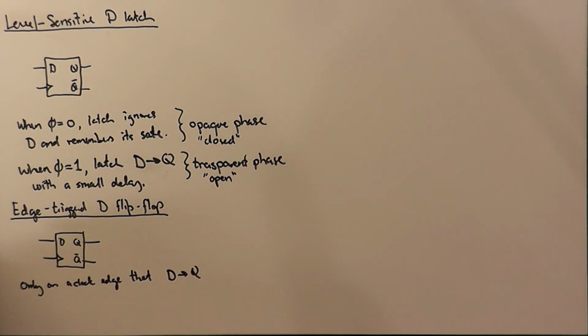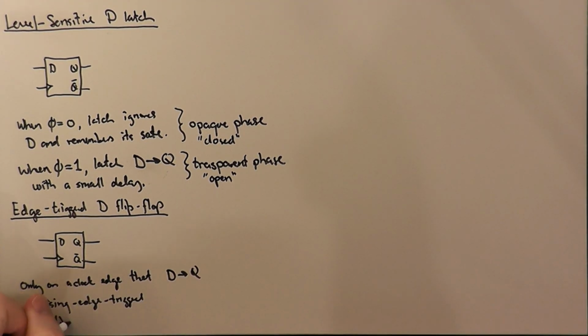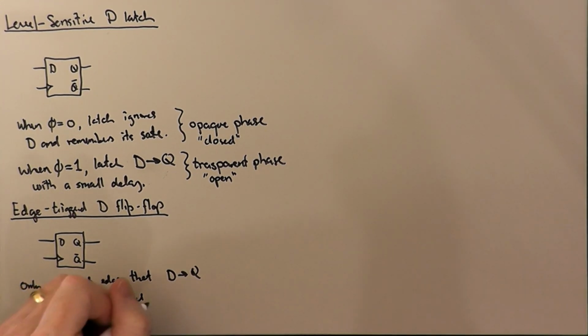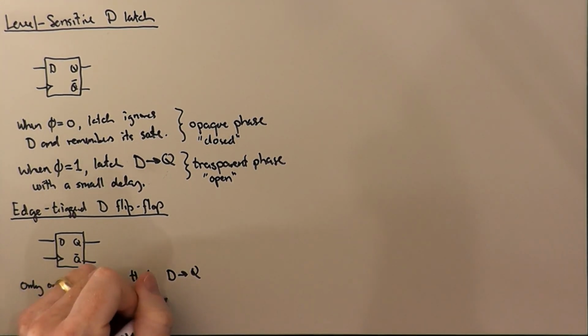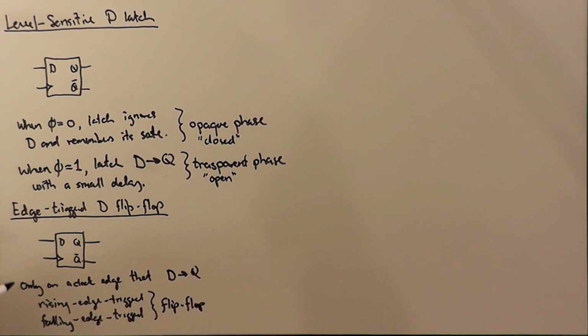And so you can have a rising edge triggered flip-flop, or a falling edge triggered flip-flop. A rising edge triggered flip-flop basically propagates D to Q when the clock edge rises from low to high.